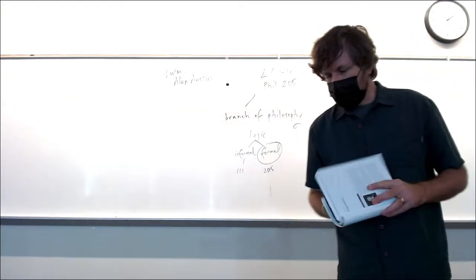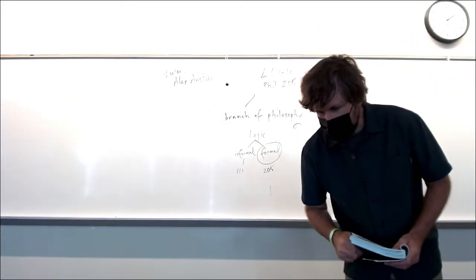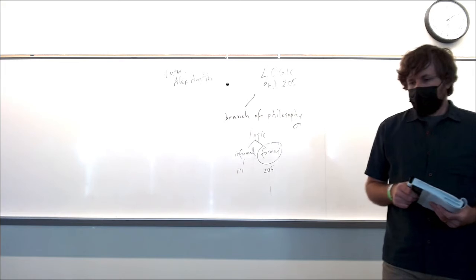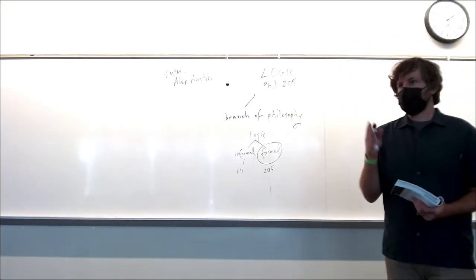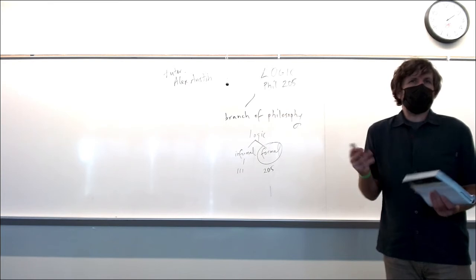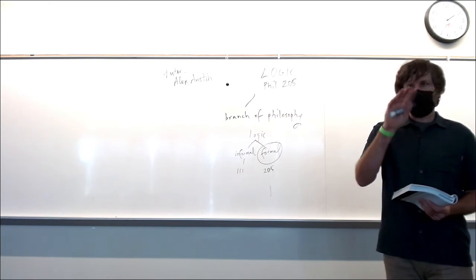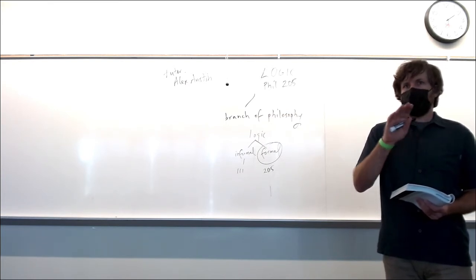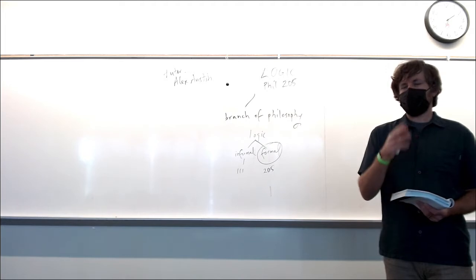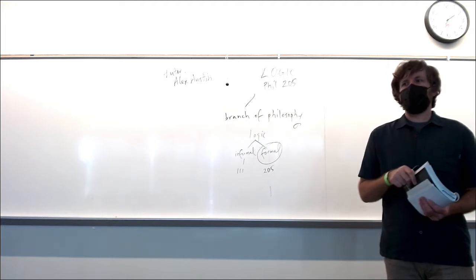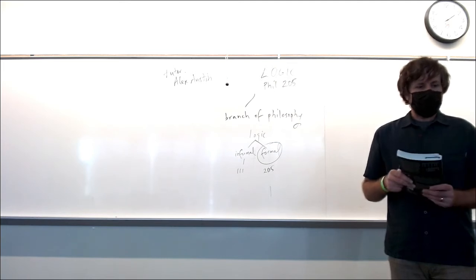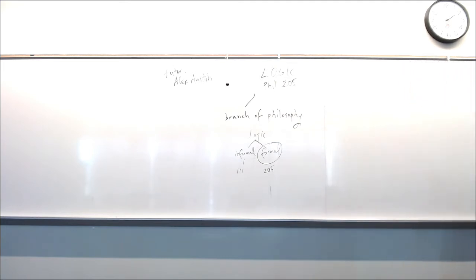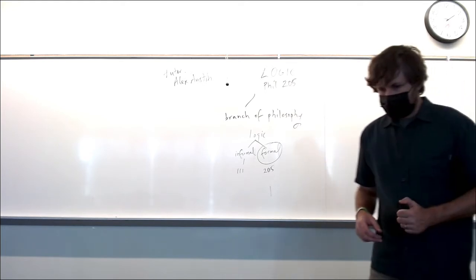So when the syllabus says, let's say, Tuesday, September 7th, 3.1, that means read 3.1. Maybe you don't understand it, but at least get through 3.1, and then I'll talk about it in class. So that's the way the reading schedule works. And all the readings will come from this text.